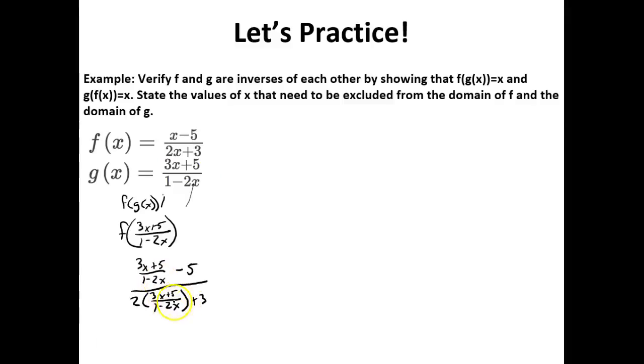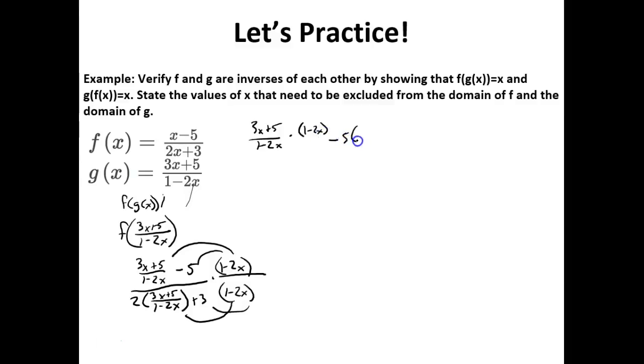Looks like kind of a mess, but I want these little fractions to go away, so I'm going to multiply the top of the big fraction by 1 minus 2x, and the bottom of the big fraction by 1 minus 2x. When I do that, I have to take this times both parts on the top and on the bottom. So on the top, I would have 3x plus 5 over 1 minus 2x times the 1 minus 2x, and then minus 5 times 1 minus 2x on the top.